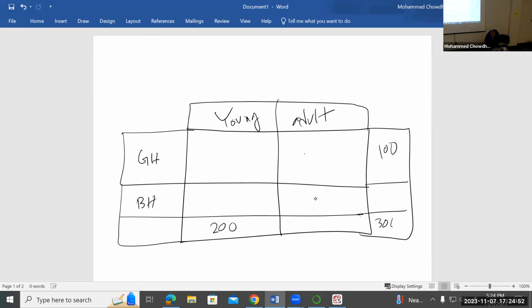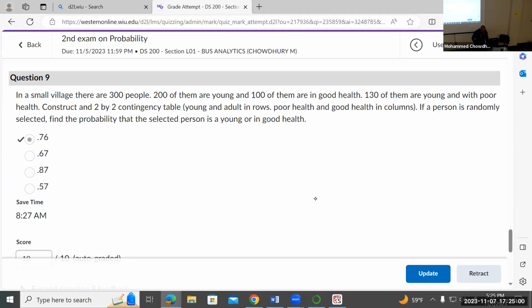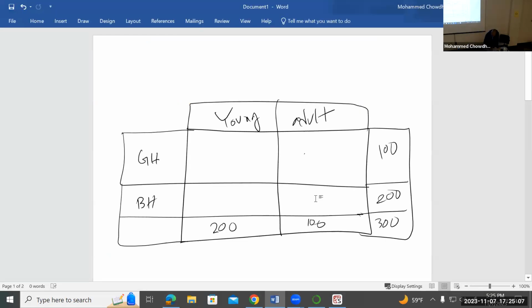So that is 300, so this is 200, and this is 100, right? And then 130 of them are young with poor health. So this is 100. Sure?